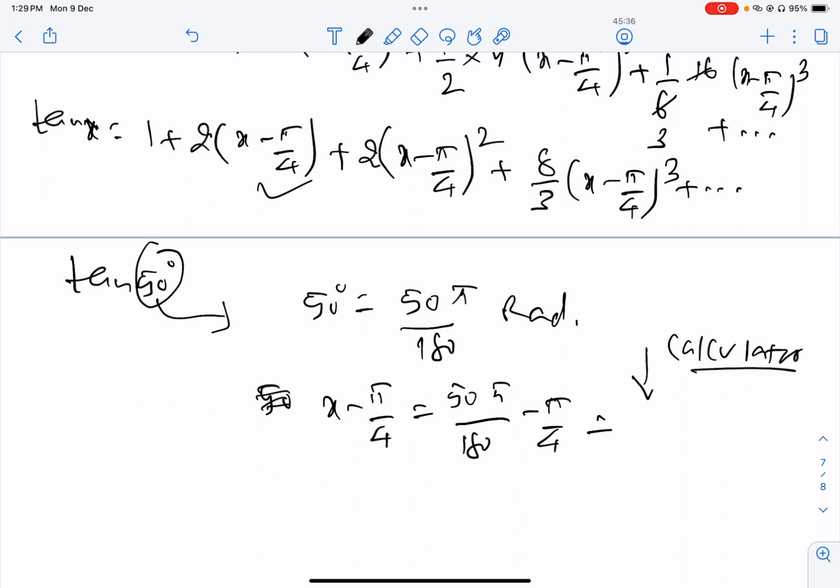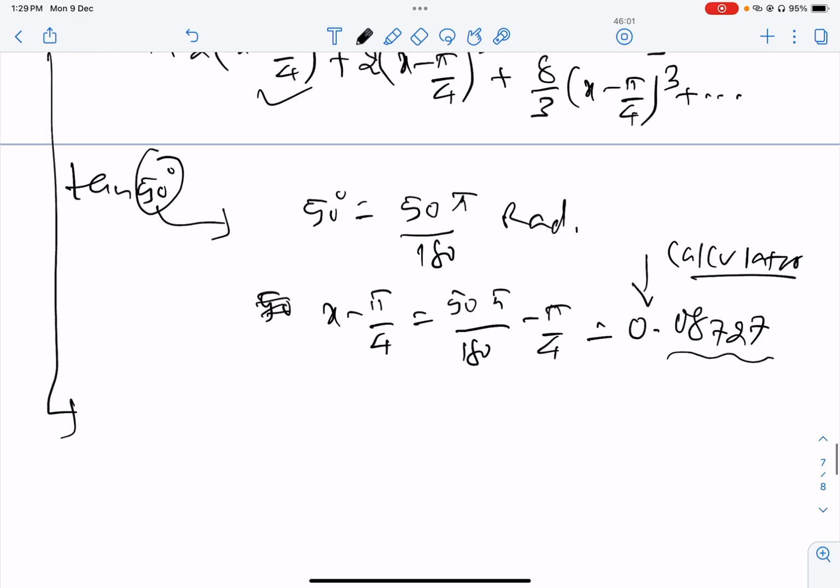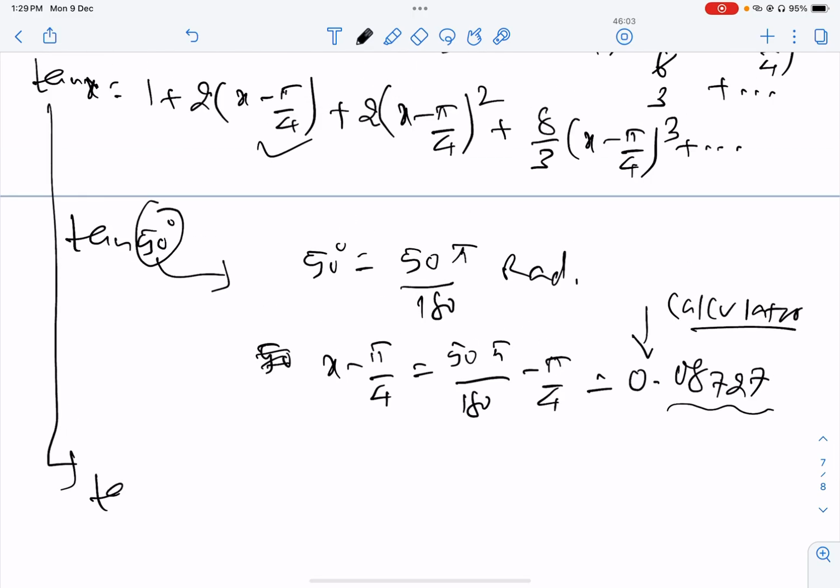If you use the calculator, you will find this value as 0.082726 something. So if you round it up, it will be 0.08727.